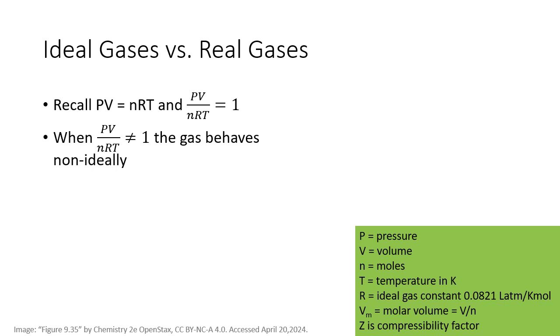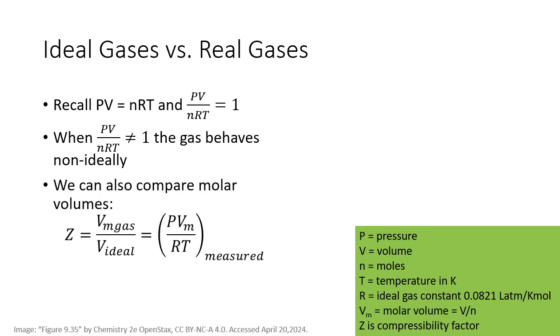We can also make an alternative comparison and use the molar volume of a real gas versus the molar volume that we would predict from the ideal gas, in a ratio known as compressibility. We give it as the letter Z. This is not to be confused with the atomic number Z. They are entirely different things. Z, when talking about atoms and isotopes, is the atomic number, and Z, when talking about ideal gases, is compressibility.